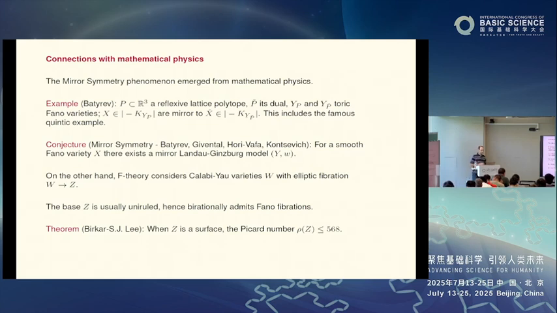This conjecture says that the geometry of the Fano X is somehow reflected in the properties of this fibration, basically. That function gives you a fibration.